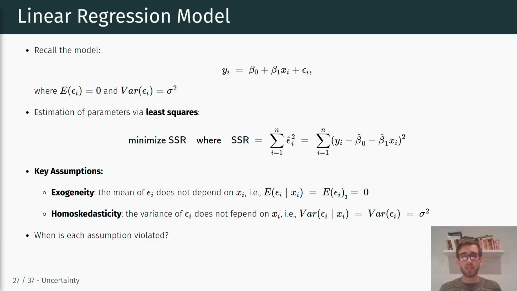So omitted variable bias is just one example of violating the exogeneity assumption.